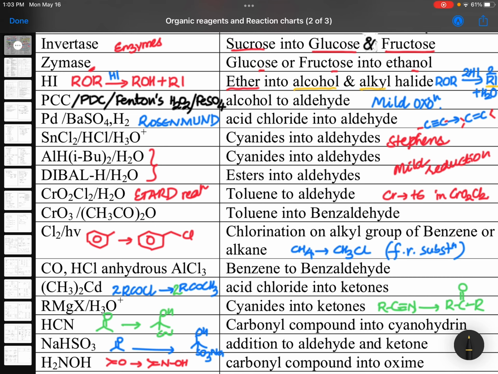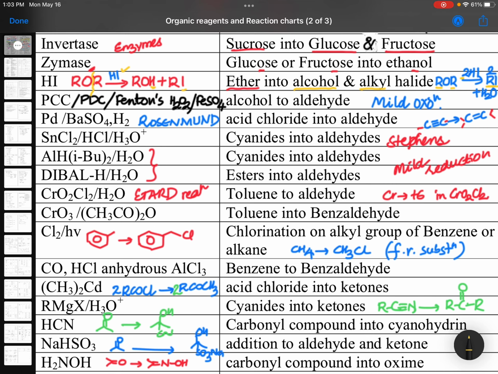It depends. When cold, it breaks like this: R-OR plus HI gives ROH and RI. Otherwise, if you use it a little concentrated, both R groups are converted to RI plus water. So ether gives alcohol and alkyl halide when using dilute, and ether gives alkyl halide when using concentrated.